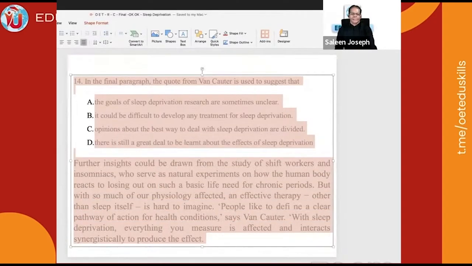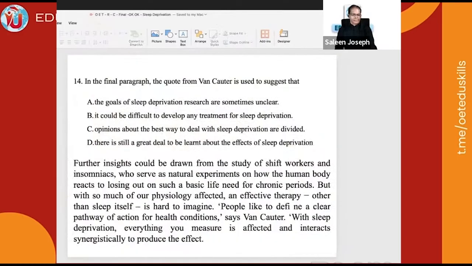14. In the final paragraph, the quote from Van Cotter is used to suggest that the goals of sleep deprivation research are sometimes unclear. It could be difficult to develop any treatment for sleep deprivation. Opinions about the best way to deal with sleep deprivation are divided. There is still a great deal to be learned about the effects of sleep deprivation.